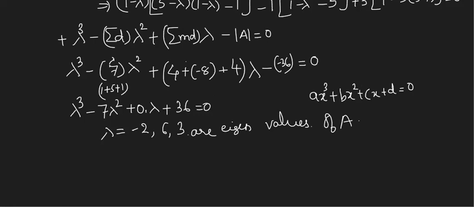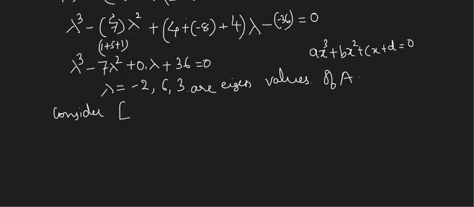Done. Now we'll find the eigenvector. What is the system we have to consider? (A minus lambda I) X equals 0.